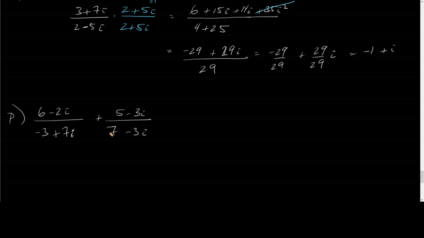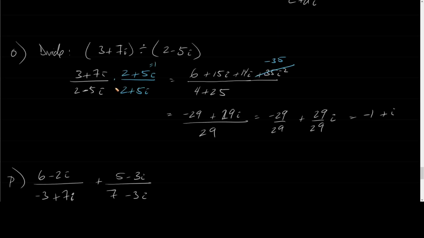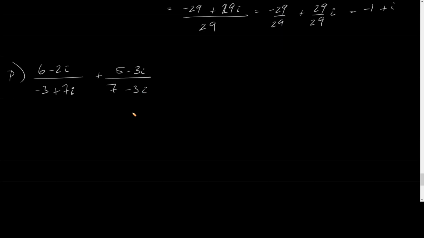All right. So let's see what we're going to do here. Well, what we're going to do here is essentially what we did in example O, but we're going to do it twice.